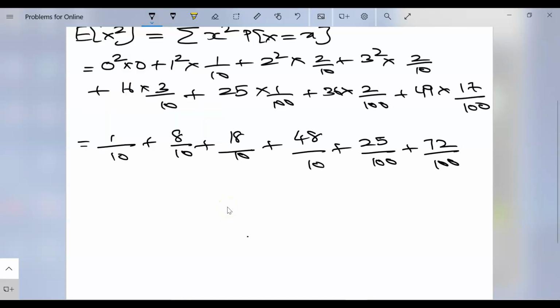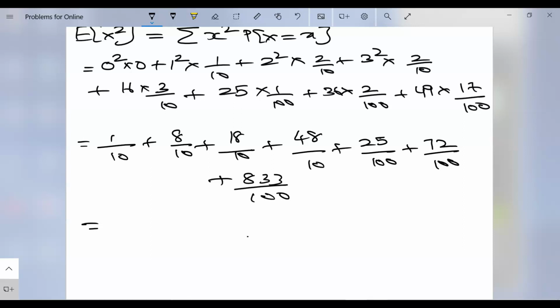Plus 833 by 100. So the total value. In the calculator, whichever has denominator 10: 48 plus 18 plus 1. So total is 48, 49, 57, 65, 75.